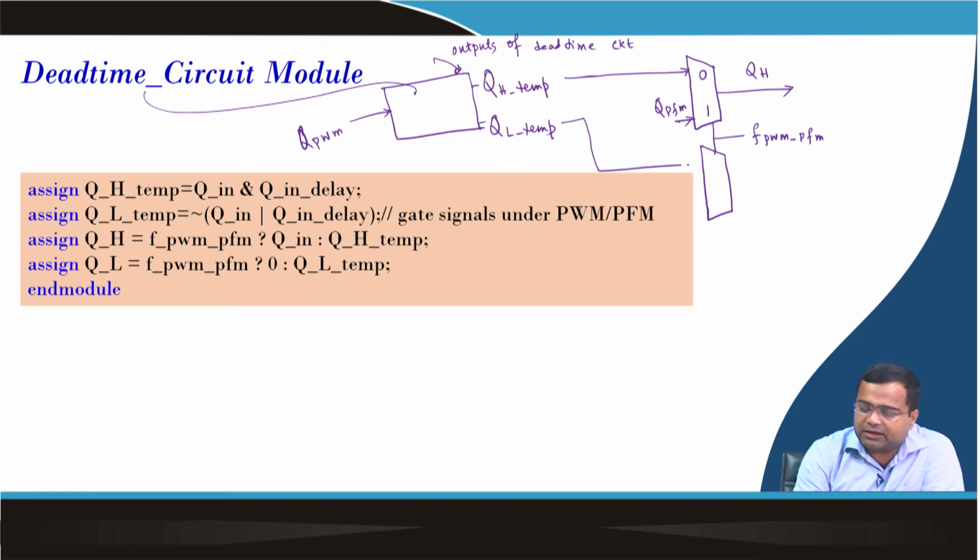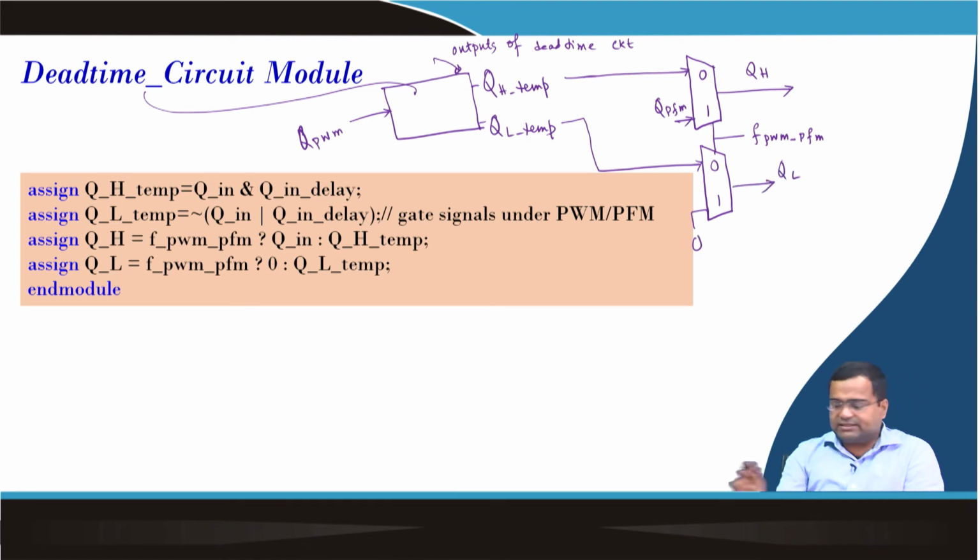This will come as this 0, 1, and this will be simply 0. This will go to the Q low gate signal, and this is the logic.